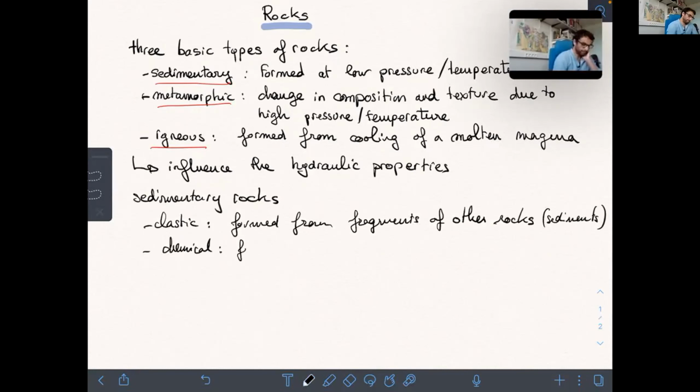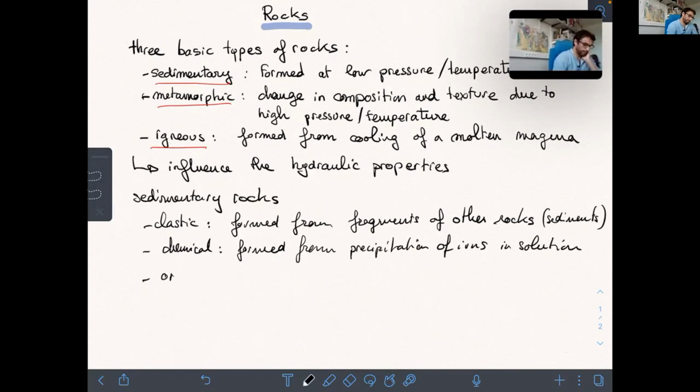In that case, they are formed from a precipitation of ions in solution. So typically limestone.